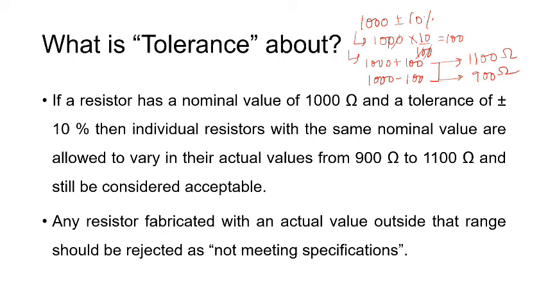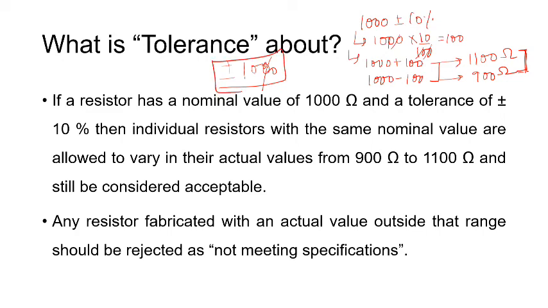So individual resistors with the same nominal value are allowed to vary in their actual values from 900 to 1100 ohms, and they would still be considered acceptable, because it has already been given that that particular color coded resistor has a tolerance of plus minus 10%.